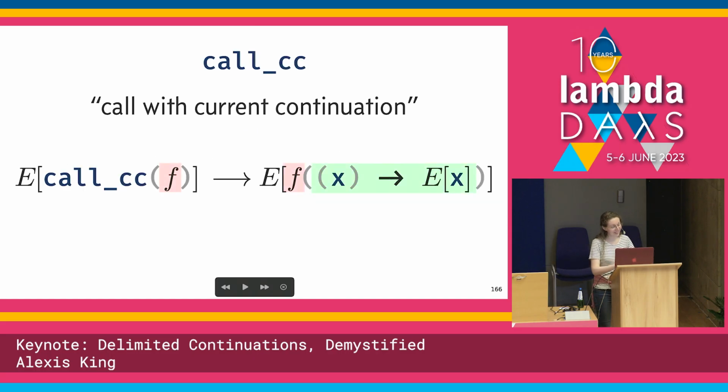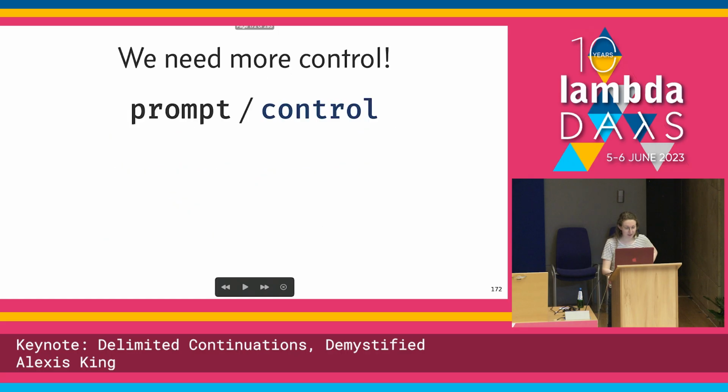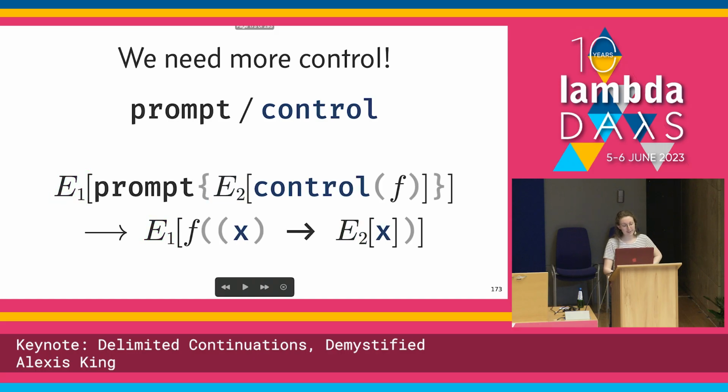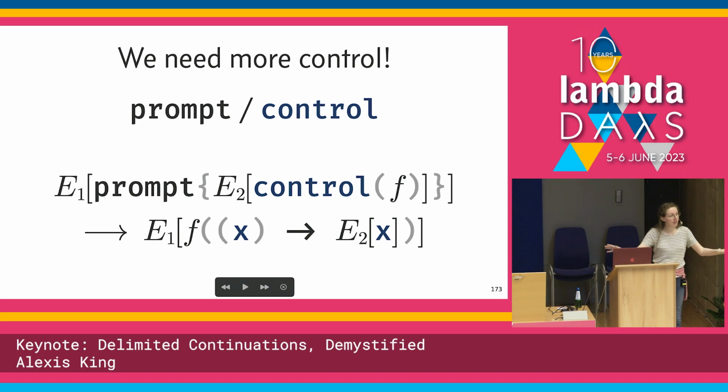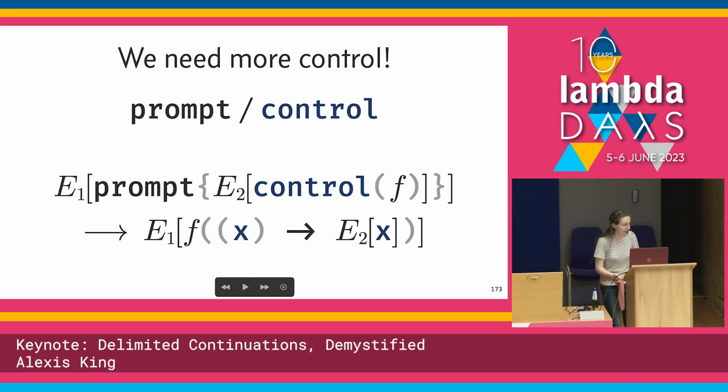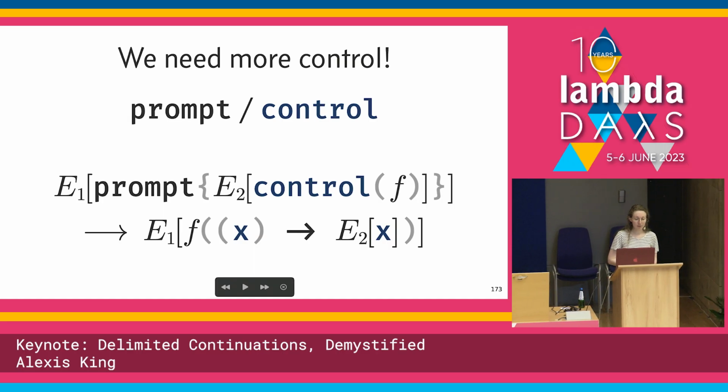If you go digging, you'll just be lost for hours and hours. The only difference is that in the traditional prompt and control, on the right-hand side, the prompt stays, and in shift and reset, the prompt stays around both the continuation that's left and the continuation inside the function. But if you just don't leave the prompt in any of them, then you can always put it back if you want. So you could implement it that way.